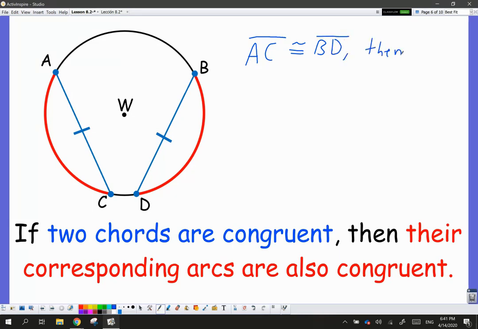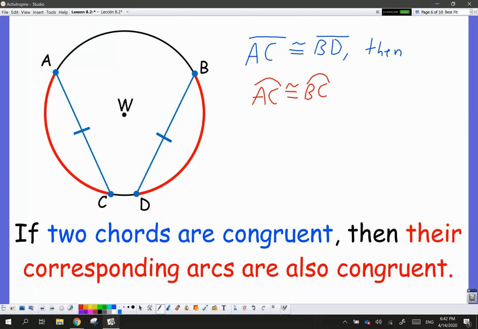then that means arc AC is congruent to arc BD. Oops, that should be an arc symbol. Now, don't get this confused. This doesn't mean that their lengths are the same.